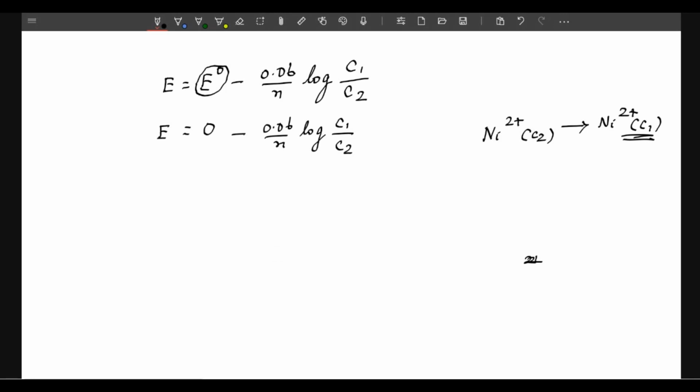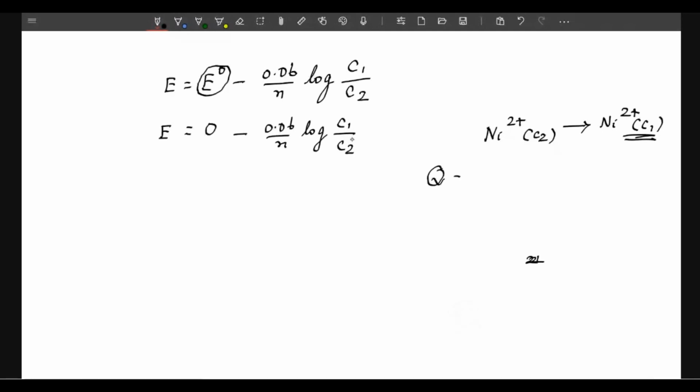And this E value should be positive, meaning the quotient should be less than 1, it should be a fraction. Then only the log of that fraction would be negative, and this negative will become positive. Therefore, when will the quotient be less than 1?